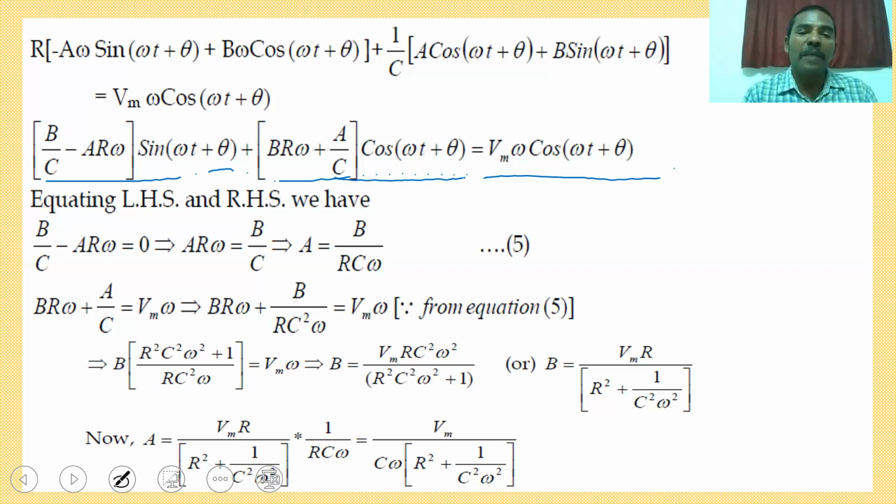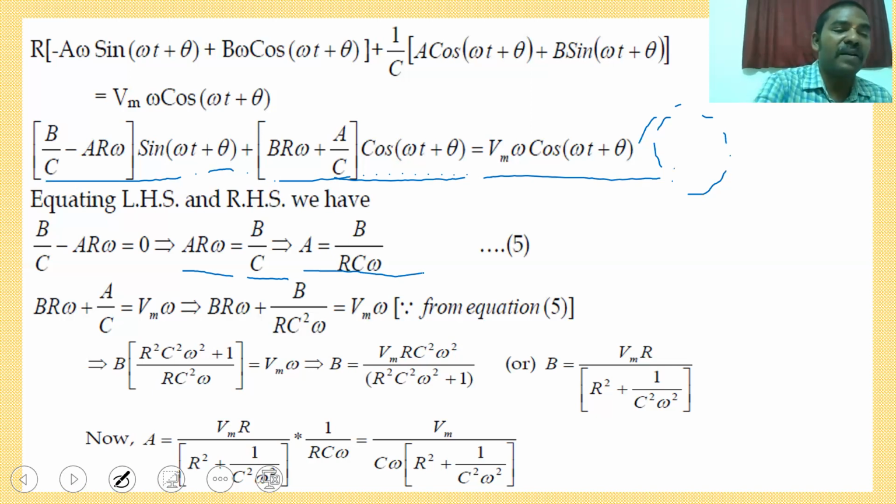Now comparing the LHS and RHS, you don't have any sin(omega t plus theta) on the RHS. So B by C minus AR omega is equal to 0, so AR omega is equal to B by C, or A is equal to B by RC omega. Similarly, comparing the cos(omega t plus theta) terms, BR omega plus A by C is equal to Vm omega.